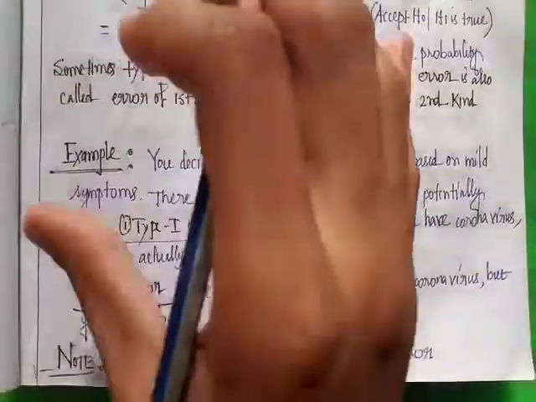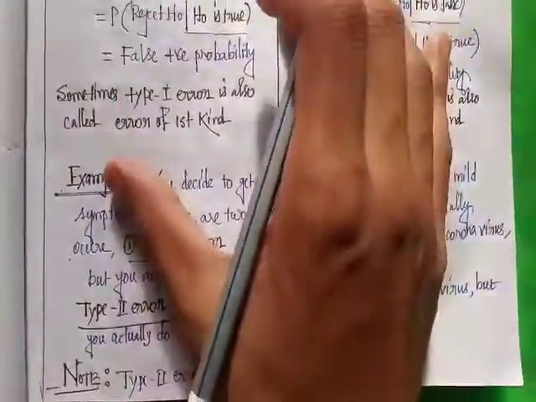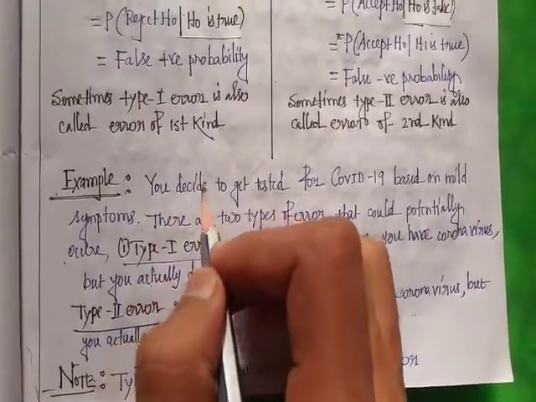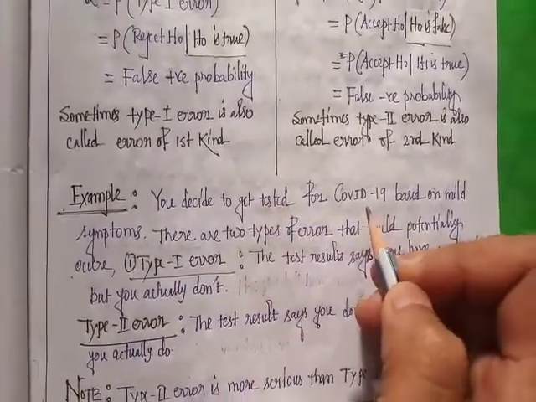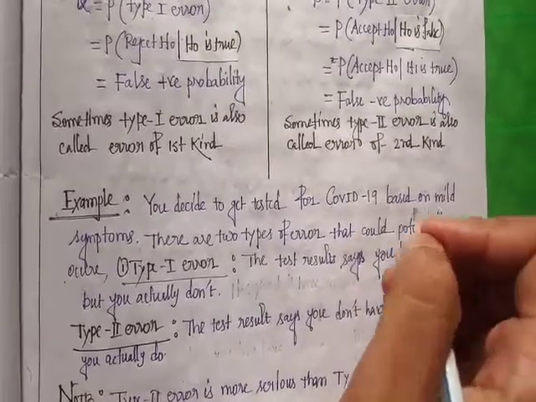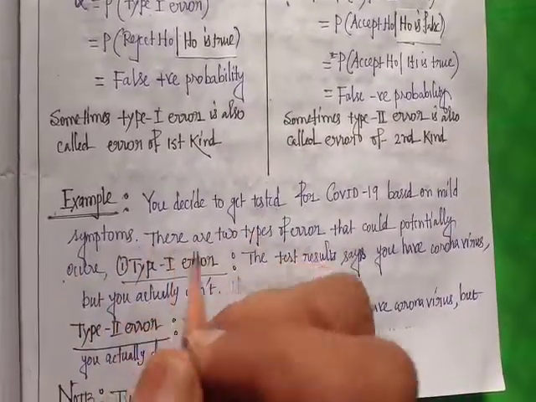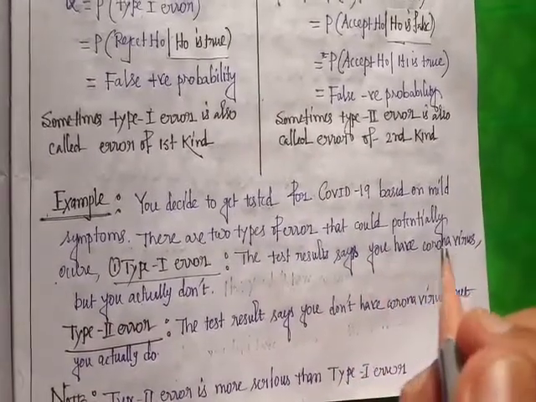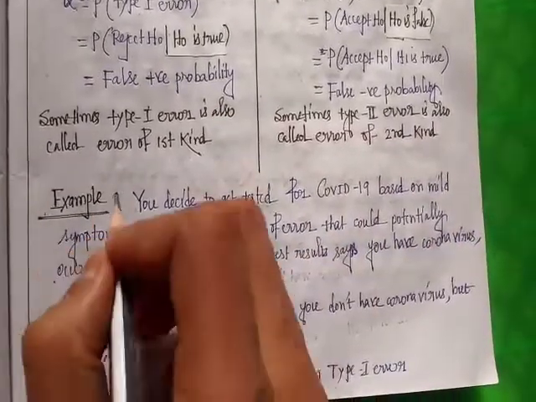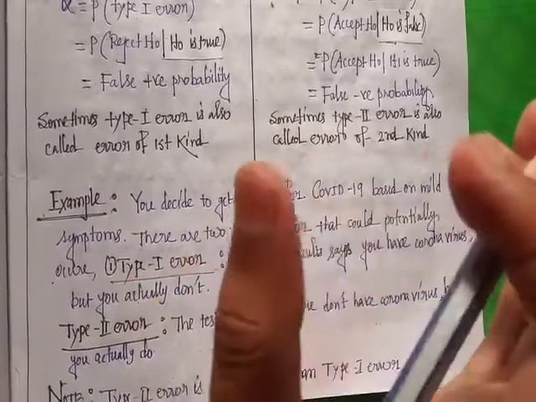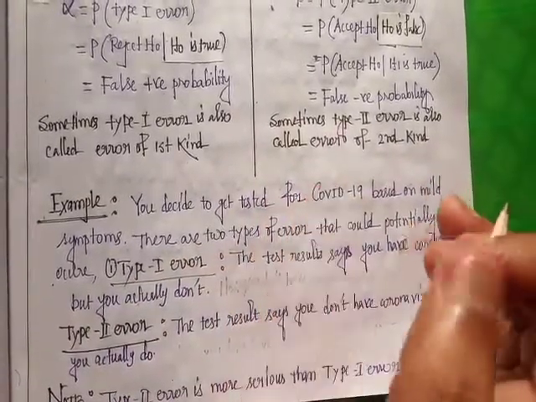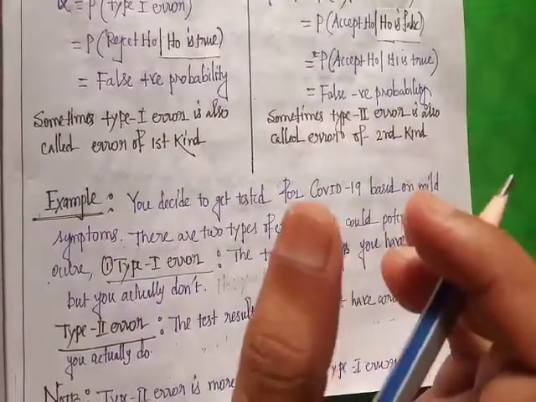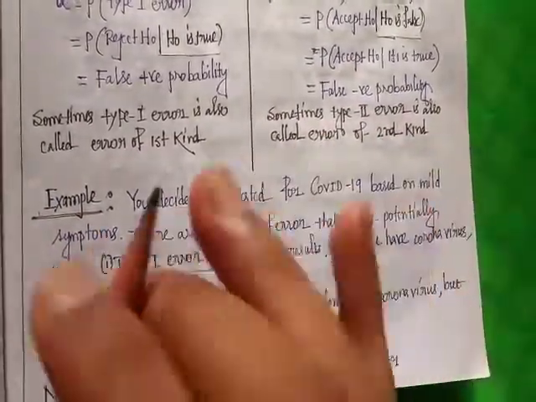Next we will discuss an example of type 1 error and type 2 error. Example: you decide to get tested for COVID-19 based on mild symptoms. There are two types of error that could potentially occur.